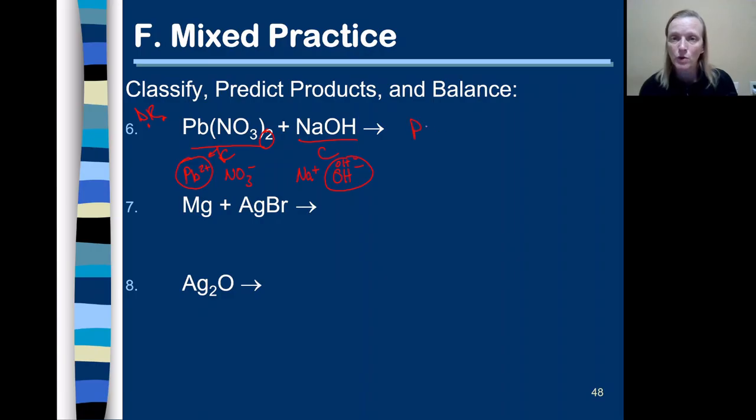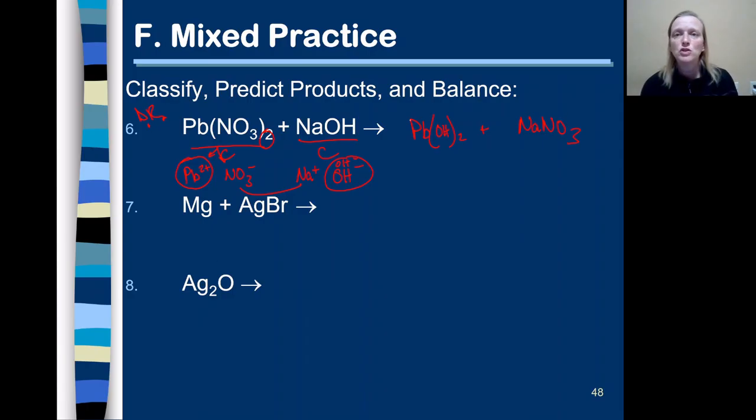So my formula for lead(II) hydroxide is Pb(OH)2. And then sodium and nitrate are left to bond together. But the charge of +1 and the charge of -1 already balance out, so I don't need more sodiums, and I don't need more nitrates. Please remember to always write the positive charge first. So I will write NaNO3.